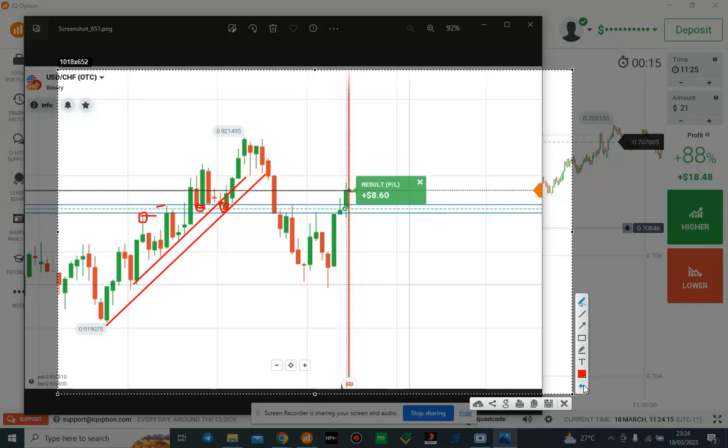Why? Because if you draw a trend line, something like this, this is what we got. The first attempt, when the market broke the horizontal support, it became a resistance here. Same thing here, it broke the horizontal resistance and became a support.